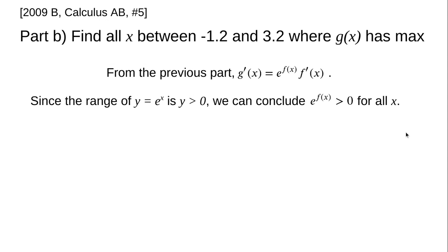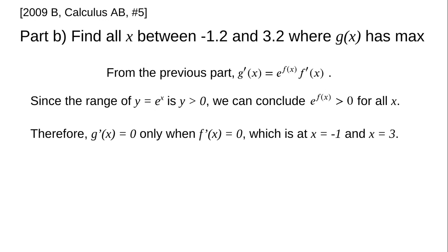Since the range of y equals e to the x is y is always greater than 0, we can conclude about g prime of x that the e to the f of x factor is always positive for all x. So the only time g prime of x could be 0 would require that f prime of x is 0.